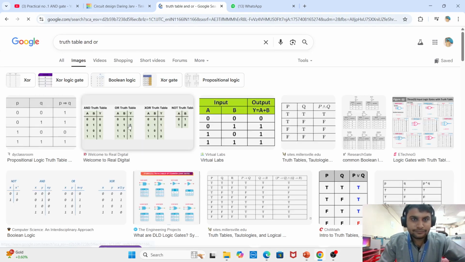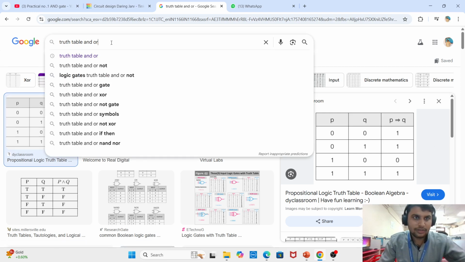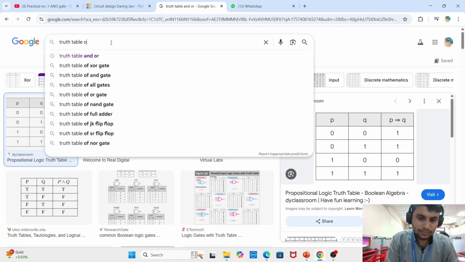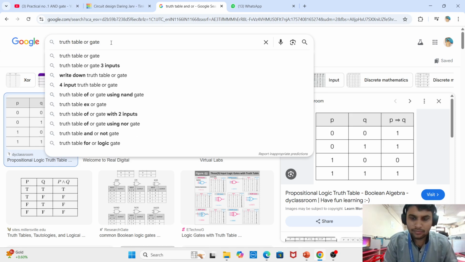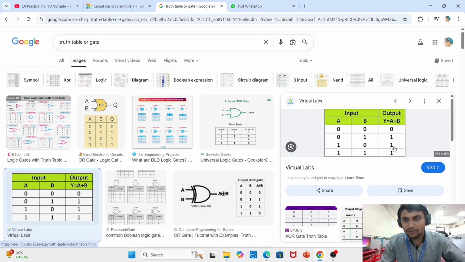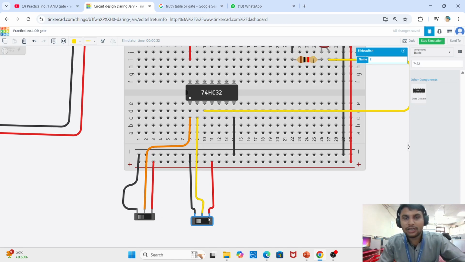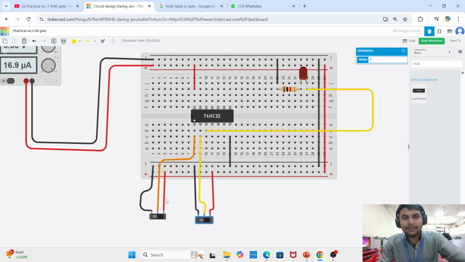Again, the 0 side is basically the ground side and 1 is the positive side.